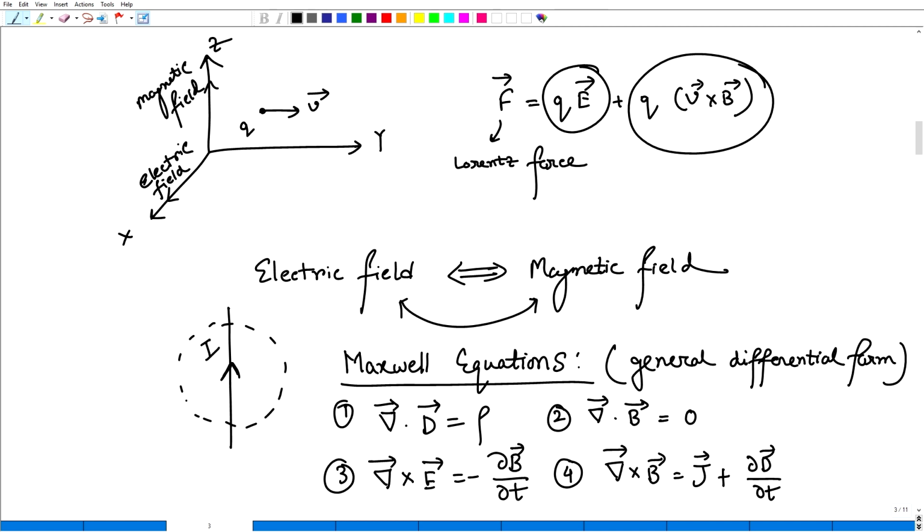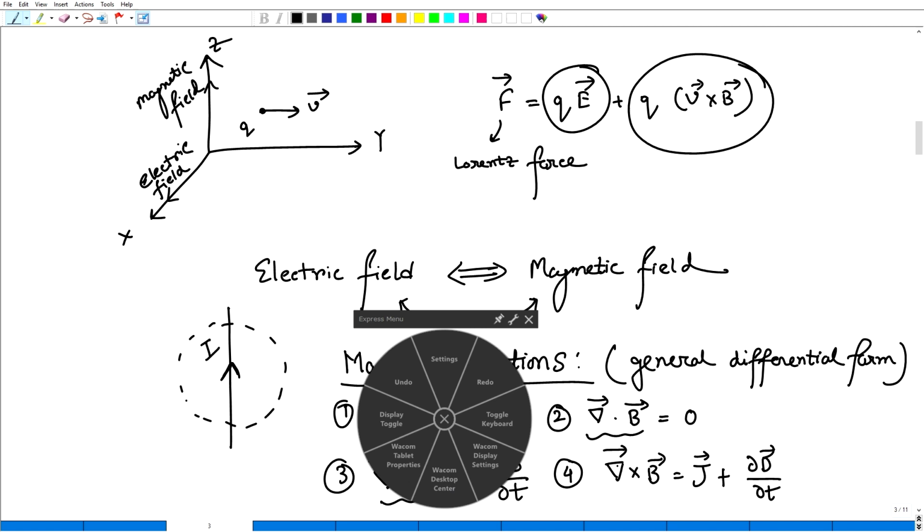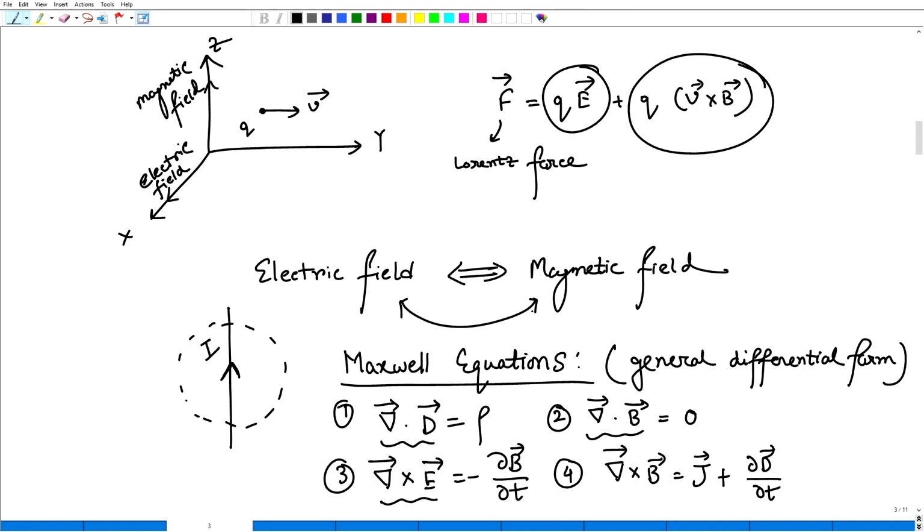So, this is general and it is in differential form. We can see these two are divergence and these are the curls. Okay. So, first we understand this equation, then we will discuss.